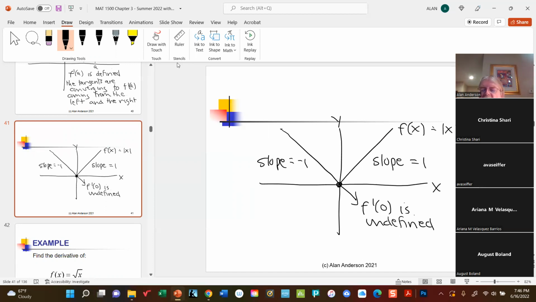And that's again because the tangents are not converging to each other on the left and the right. So anytime you have a function with a sharp break like that, it doesn't have to be this one. Let's say you got something like this. Right about here, the derivative is undefined.